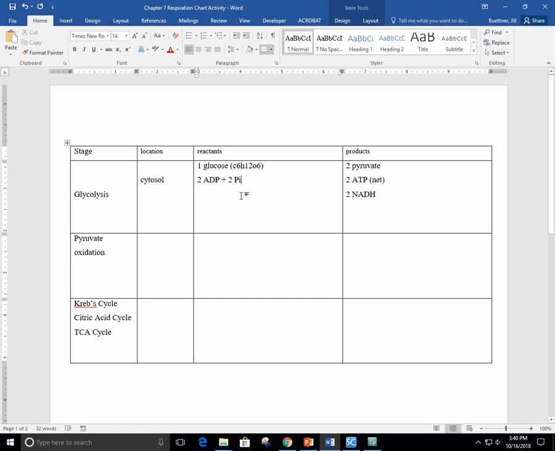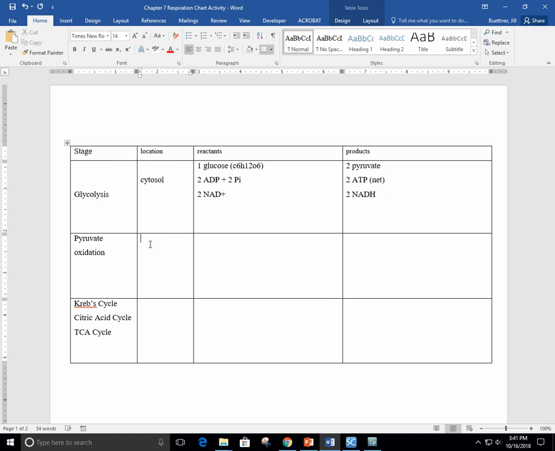And for the NADHs, you may remember that 2 NAD pluses pick up the electrons and an extra hydrogen to become the 2 NADHs. So that gives us a nice reactant and product accounting for the first stage of cellular respiration.